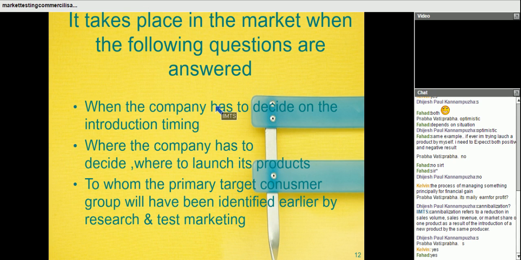When the company has to decide on the introduction timings, that means when the company is planning to introduce the product in the market. Where the company has to decide where to launch its product. To whom: the primary target consumer group will have been identified earlier by research and test marketing. Once the organization gets the answers to these questions, then they proceed with the commercialization process.